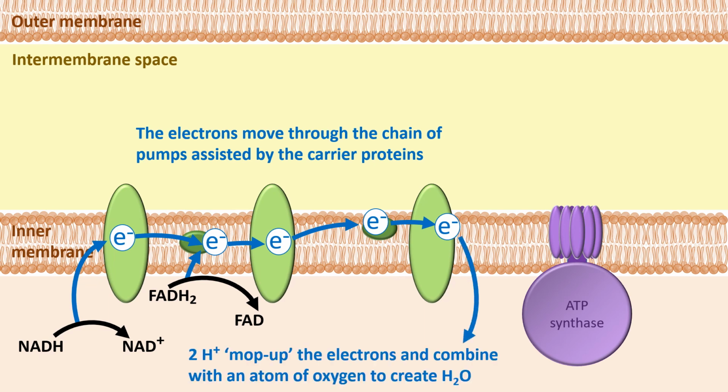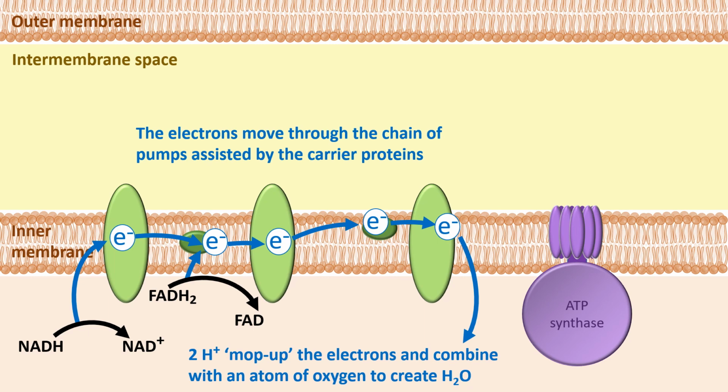Eventually, we need to mop up those electrons because you can't leave electrons floating around. They're a bit dangerous. They react with things. So what we do is we mop them up to create water. So 2H+ mop up the electrons by combining with an atom of oxygen. Remember, O2 is a molecule.